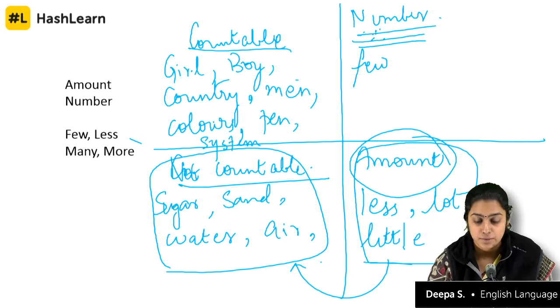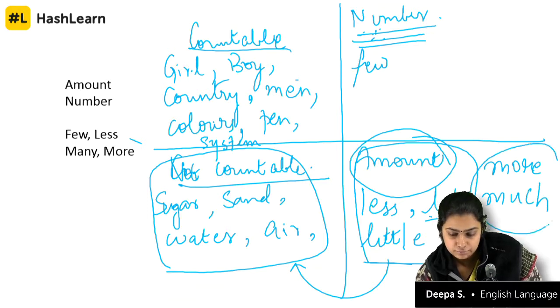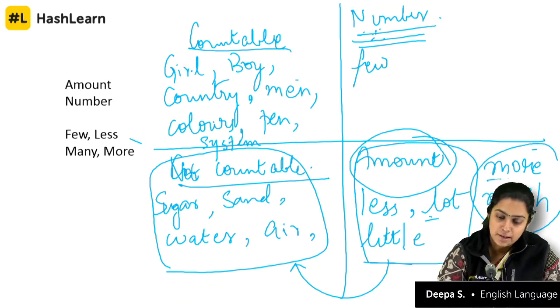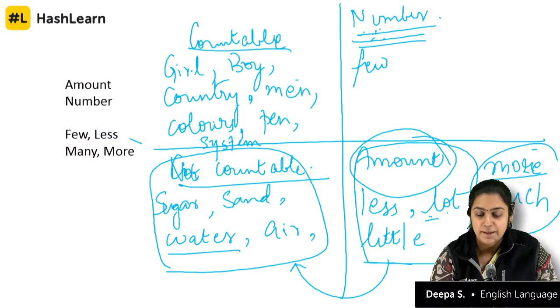Got it? Less, lot, little, and these are for the negative connotations, correct? More, much. Now look at this. I want some more sugar, some more sand. I need some more water.